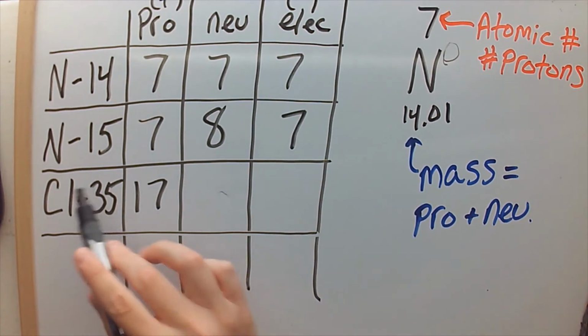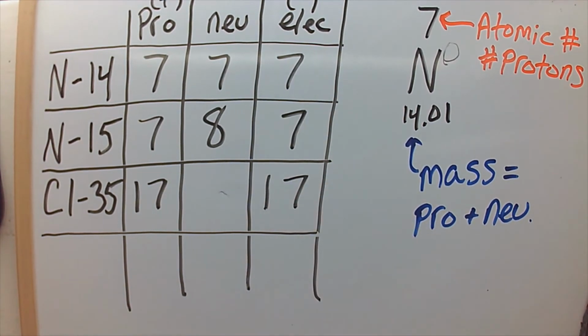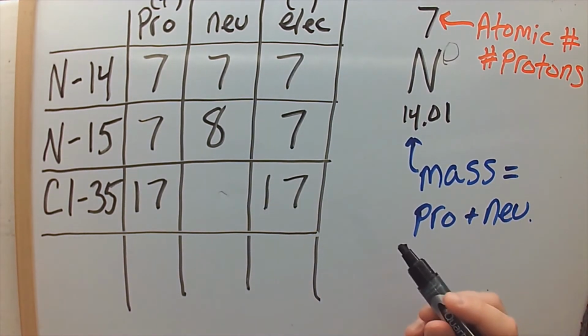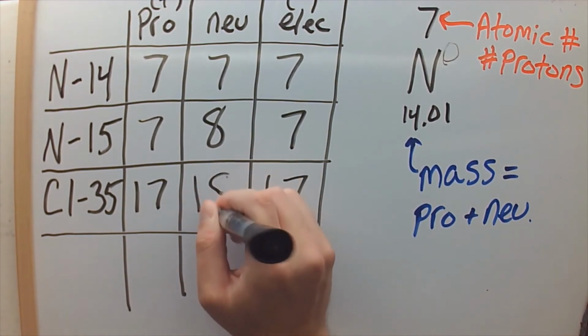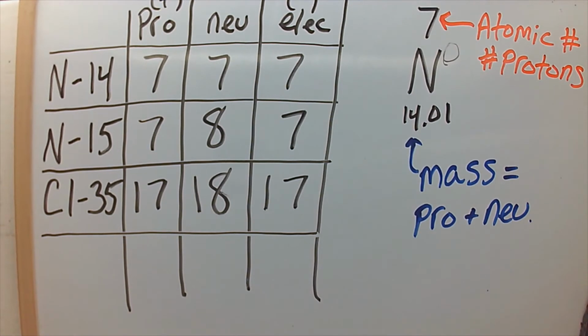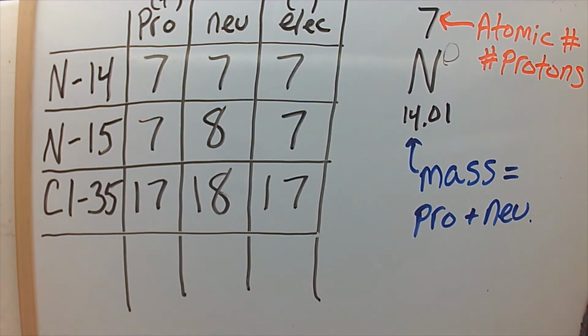Since there's no charge on it, it also has 17 electrons. And so, again, the neutrons is the difference between the protons and the mass, which in this case is 18. And that's all there is for finding protons, neutrons, and electrons in an uncharged isotope.